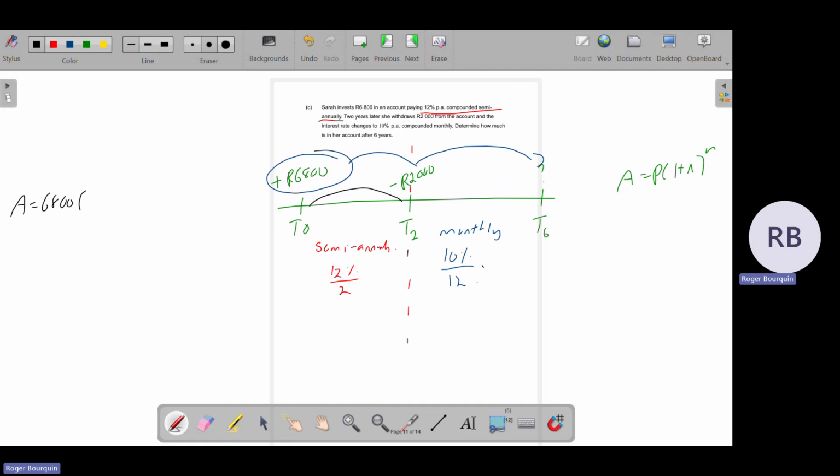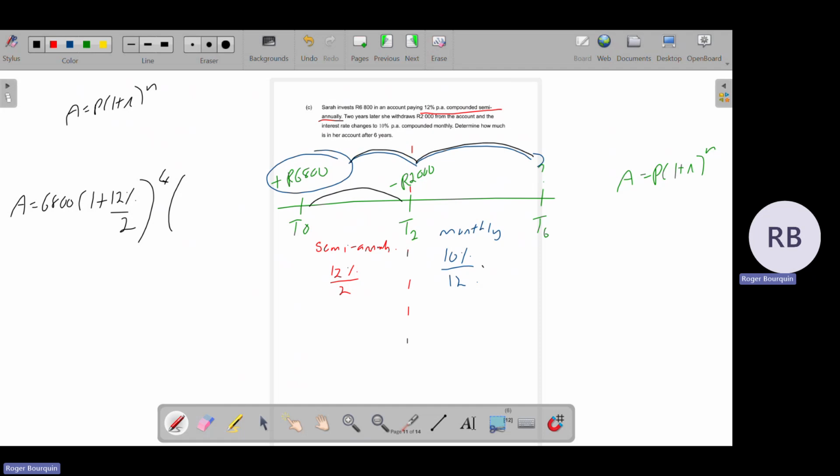So you're applying this formula. It's going to be 6,800, 1 plus 12% over 2, and it's in there for 2 years, so it's going to be to the power of 4. That becomes your new amount P. Then you apply interest again, so it looks like time, but you're actually using the formula twice. Then what happens to that money?